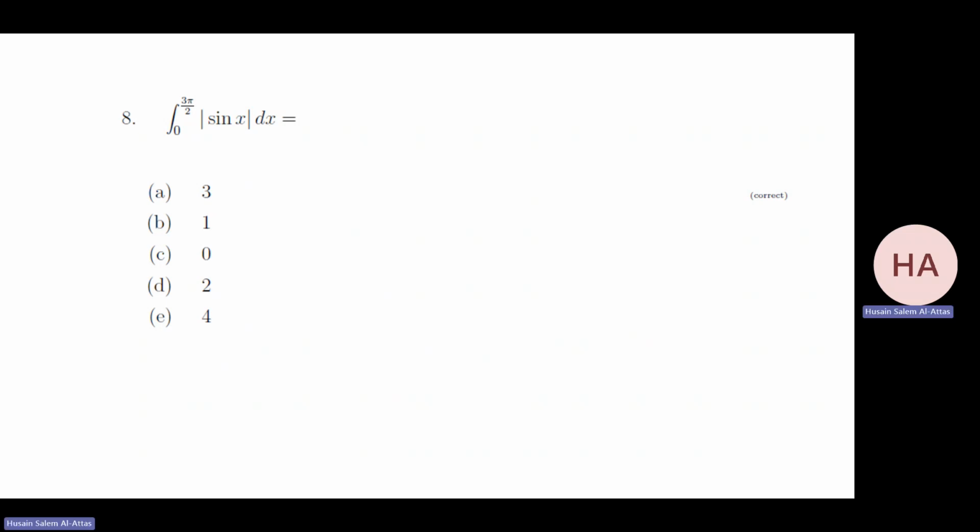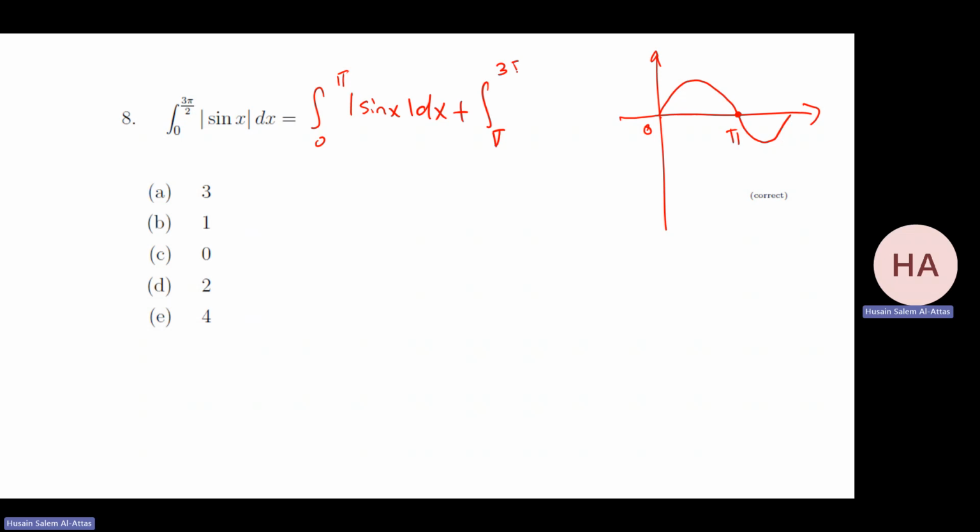Okay. Now absolute value of sine x between 0 to 3 pi over 2. This is sine x. So I have a problem here with the value. So before pi it's positive, then it will go negative. So I have the integral from 0 to pi of absolute value of sine x dx plus pi to 3 pi over 2 of absolute value of sine x dx.